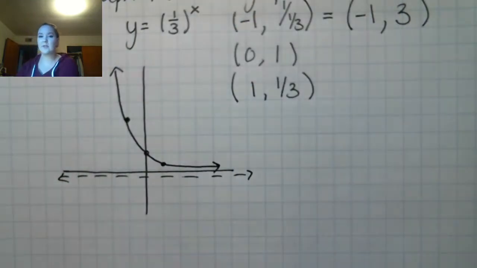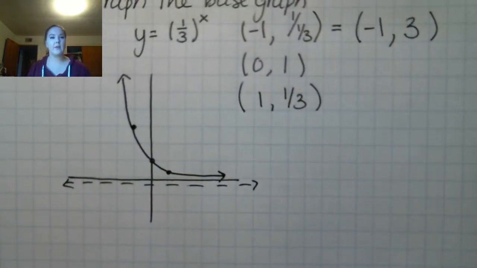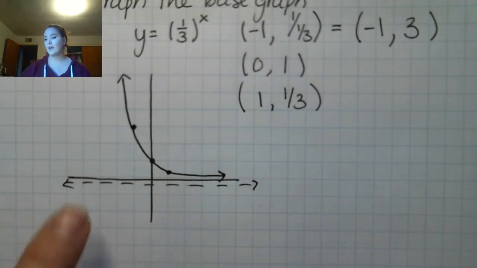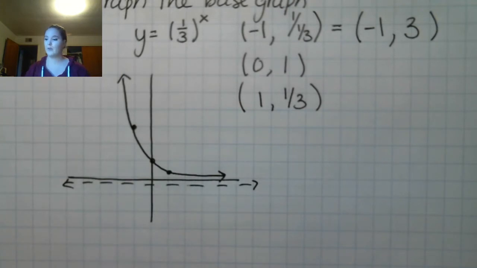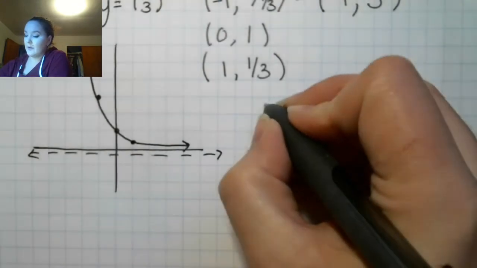But this is exponential decay. Remember from the very first section that we said if the base is greater than 1, we have exponential growth. If the base is less than 1, we have exponential decay. So you can see that the graph is decreasing over time. Okay, let's look at some transformations.